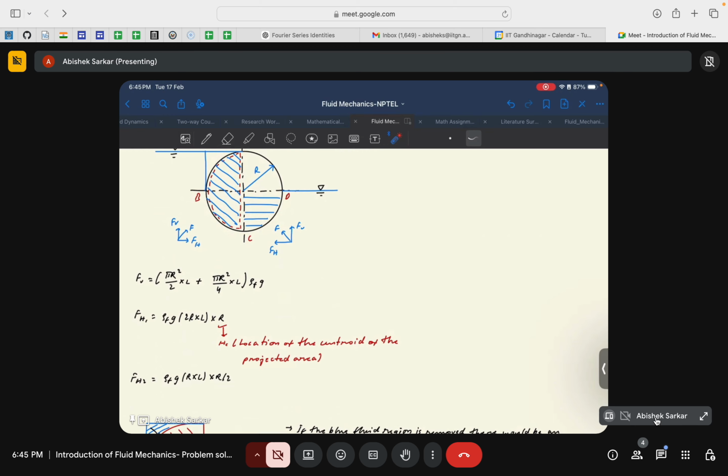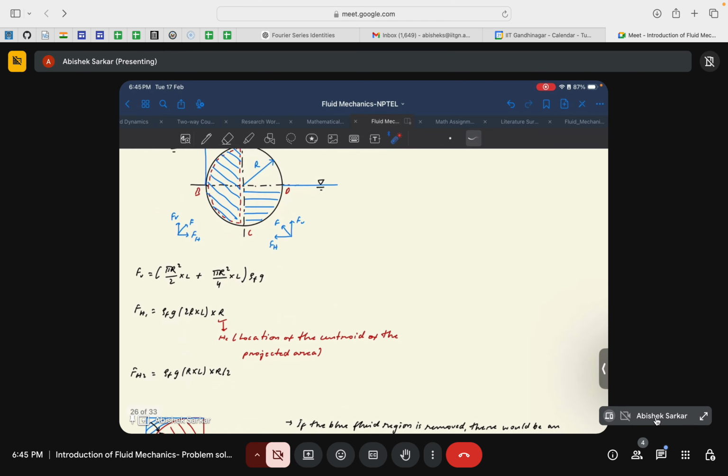L is the length of the cylinder. For the second part, 1/4 of the cylinder contains the fluid, so it would be pi r square L by 4. This would be the total volume of the fluid inside the cylinder, times rho F times g. This would be the net vertical force that acts on the cylinder because of the fluid.